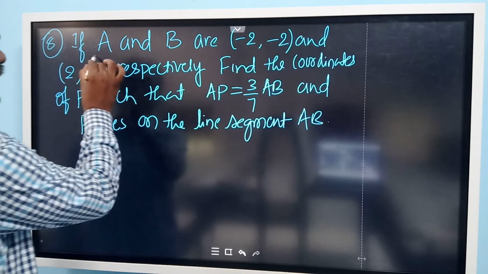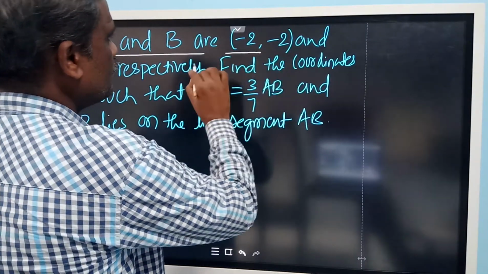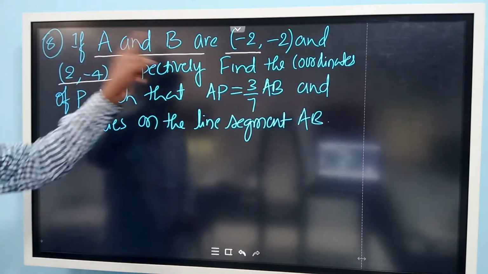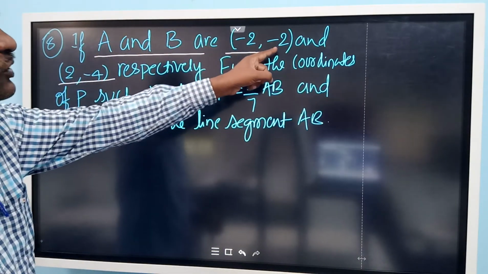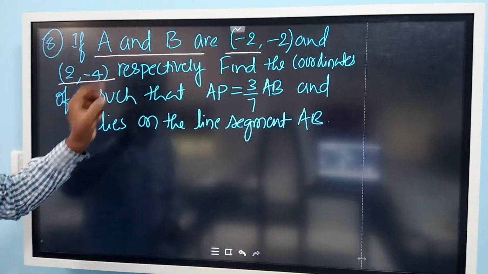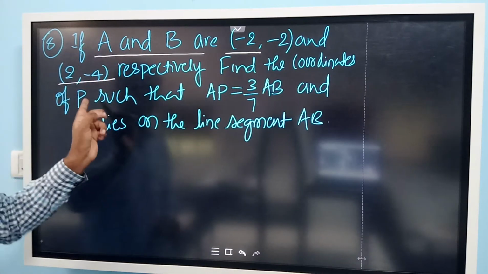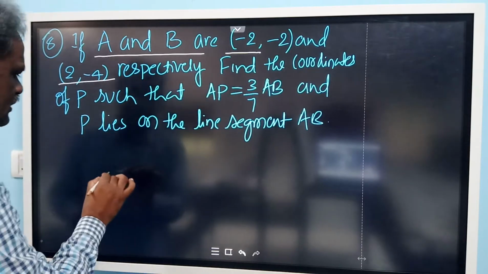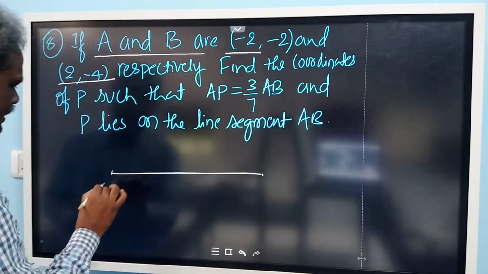Understand this question. If A and B are (-2, -2) and (2, -4) respectively, find the coordinates of point P such that AP is equal to 3 by 7 of AB. Let me draw a line segment AB.